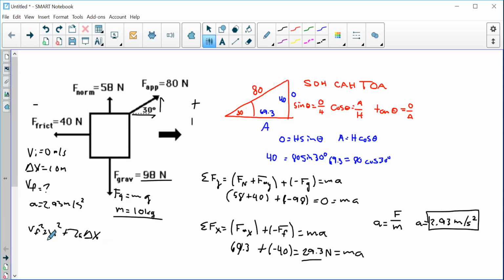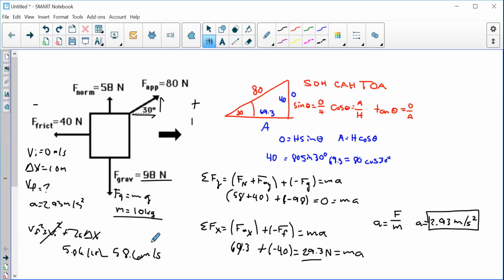This term goes to 0. This right here becomes 5.86. So it'd be 5.86 times 10, which would give you that your final velocity would be 58.6 meters per second.